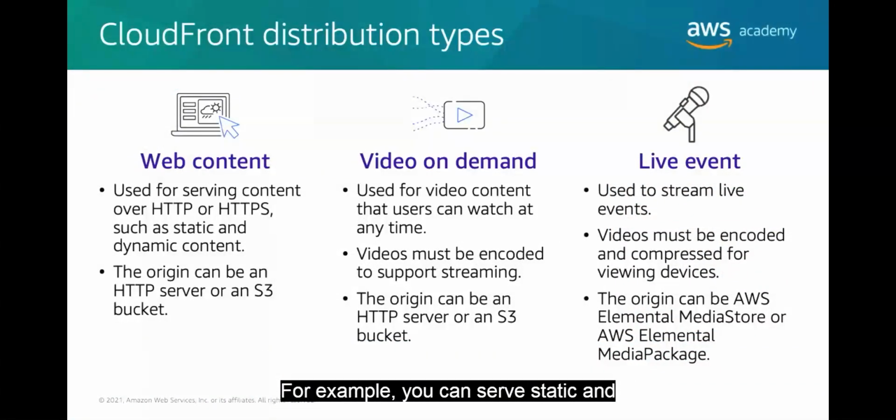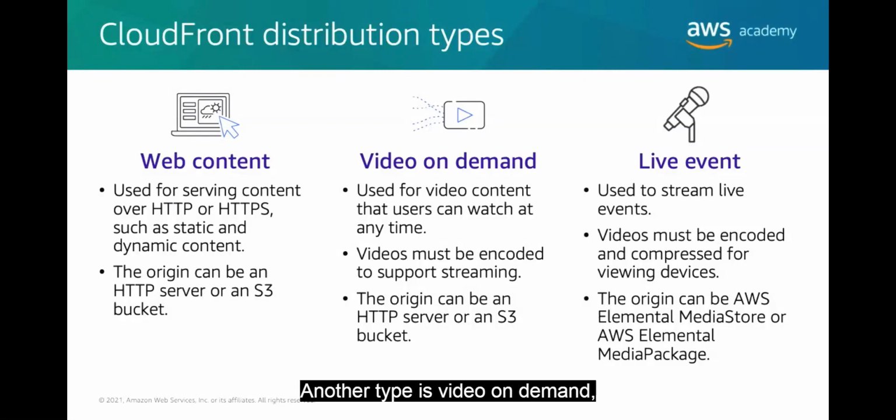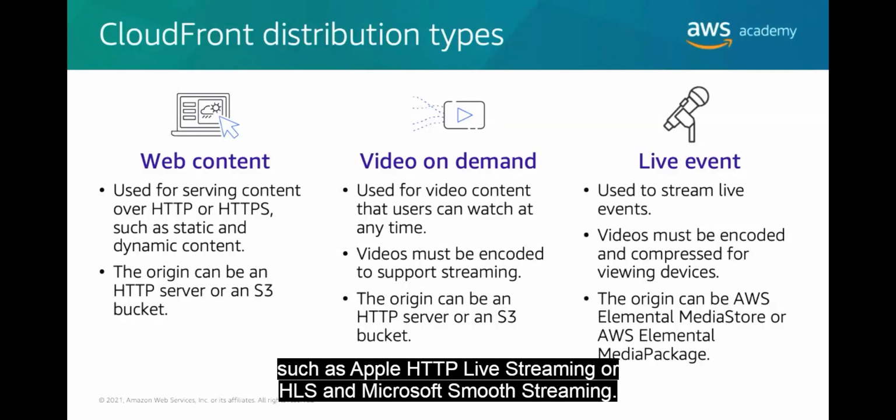For example, you can serve static and dynamic download content, such as .html, .css, .js, and image files. Another type is video on demand, which provides video content that users can watch at any time, such as Apple HTTP Live Streaming, or HLS, and Microsoft Smooth Streaming.